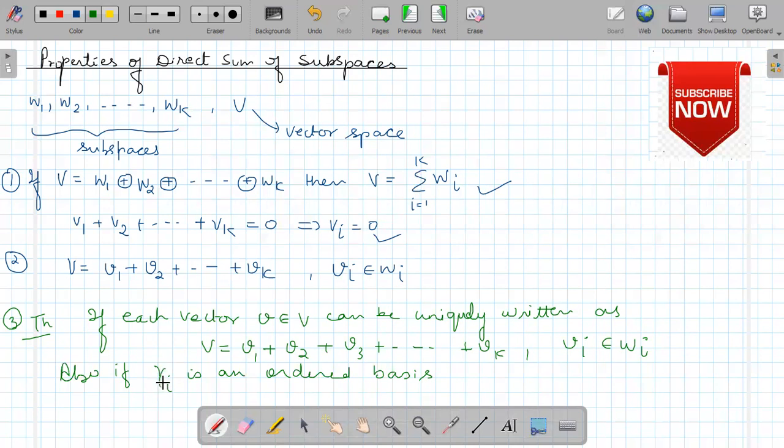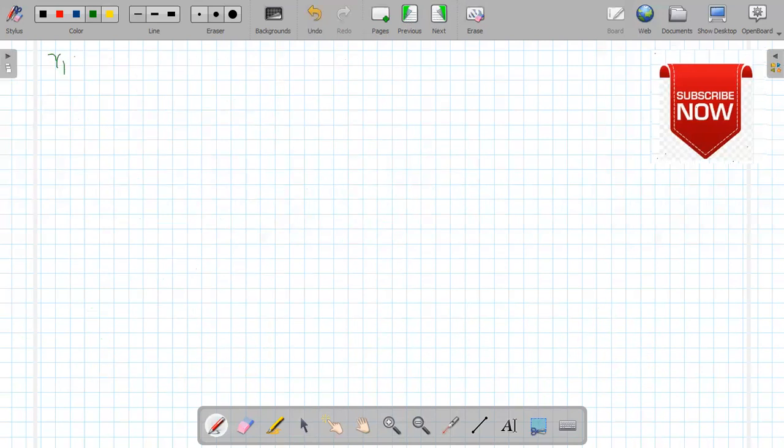So gamma 1 is an ordered basis for W1, gamma 2 is an ordered basis for W2 and so on. Okay, an ordered basis for Wi, i varies from 1 to k. Then gamma 1 union gamma 2 union gamma k is an ordered basis for V.